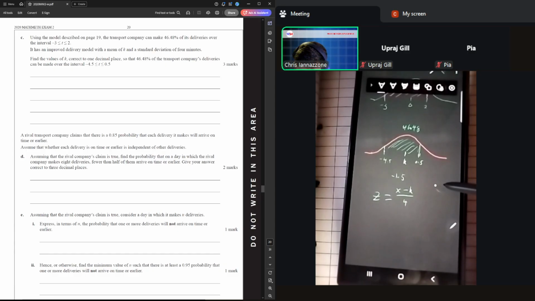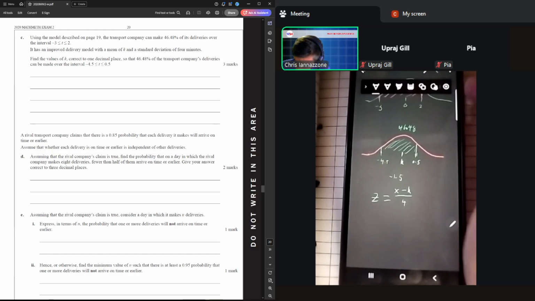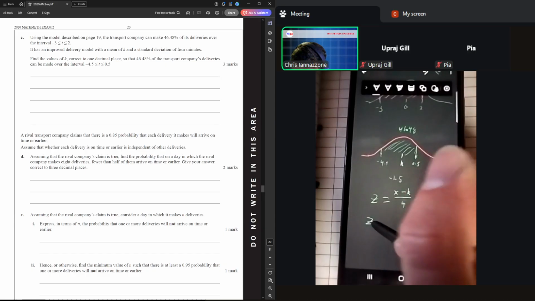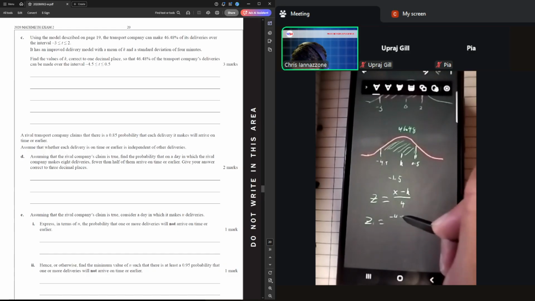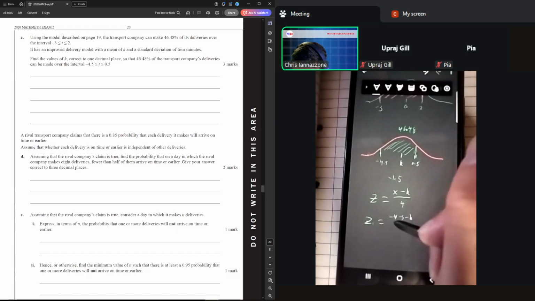Let's try one. Z1 can be the left-hand side thing. You got -4.5 minus k over 4.